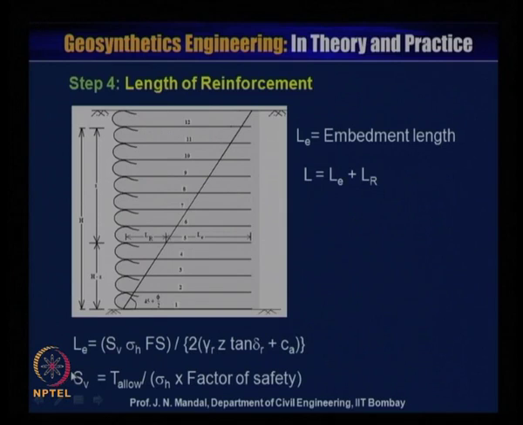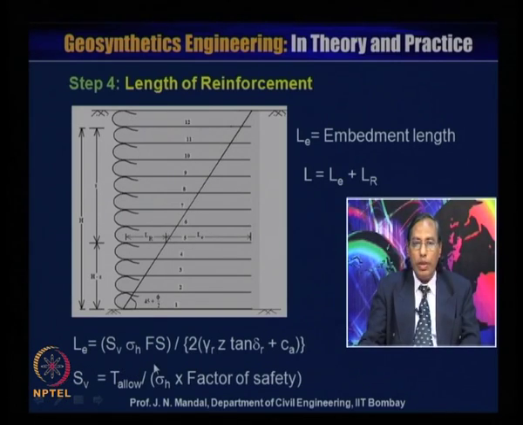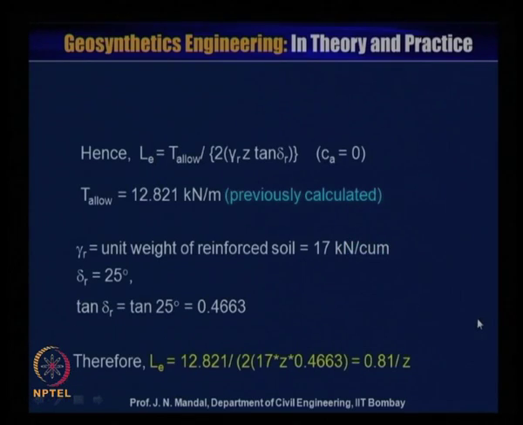So we know that LE is equal to SB into sigma H into factor of safety divided by 2 into gamma R Z tan delta R plus C of A. So SB will be equal to T allowable divided by sigma H into factor of safety. So hence LE is equal to T allowable by twice gamma R Z tan delta R, because CA is equal to 0.